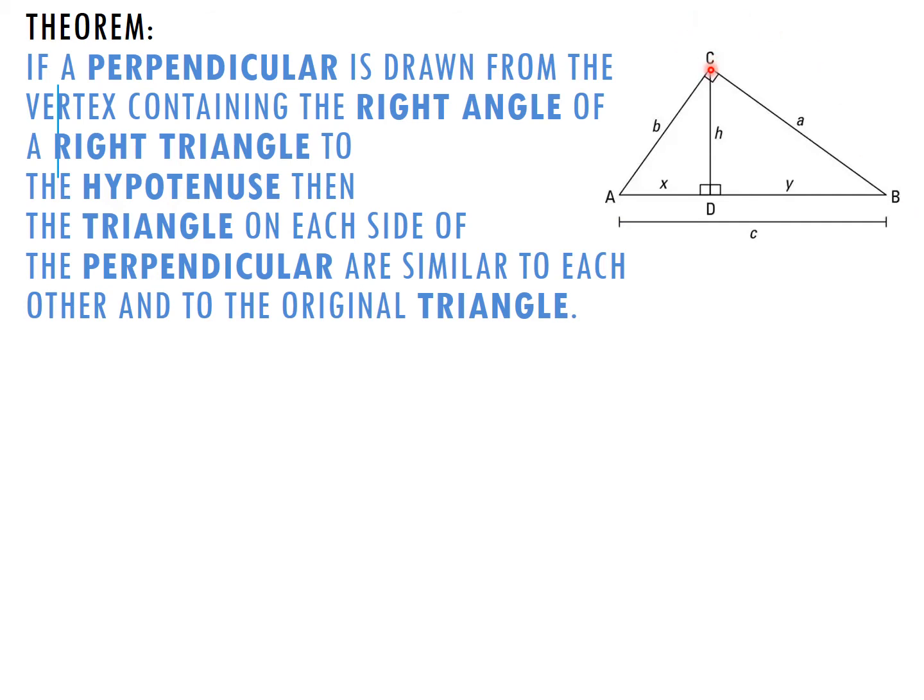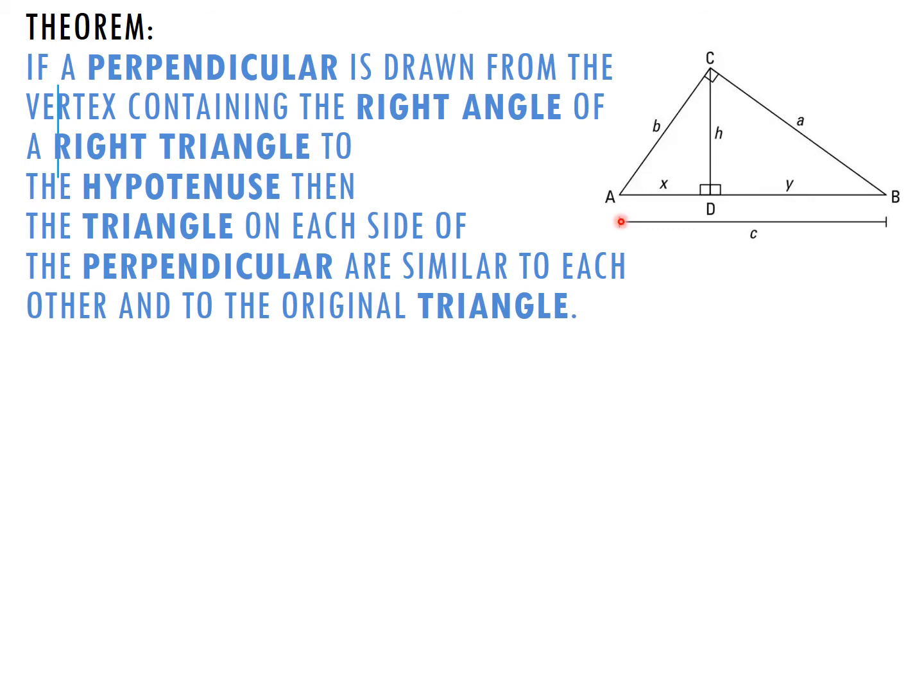Now from point C, if we drop a perpendicular on the hypotenuse AB, then we are creating two more triangles on both sides. According to this theorem, these two triangles will be similar to each other. Not only that, each of these triangles is also similar to the entire or the original triangle ABC.